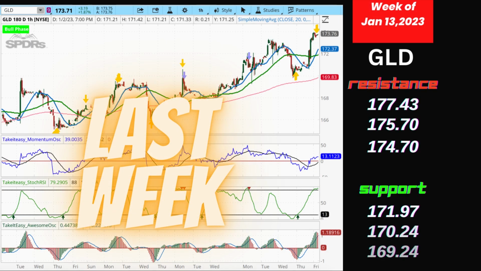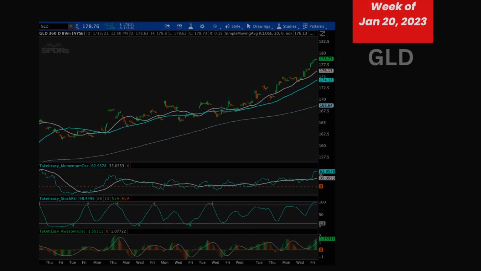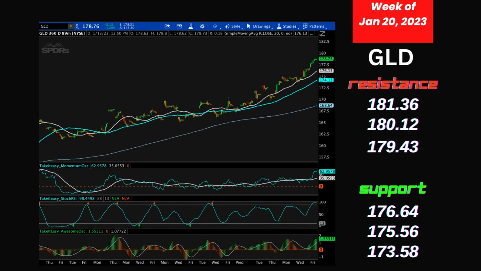This is GLD's chart and levels from the last week. GLD is Gold ETF. Gold ETF is currently trading around $178. For the coming week, the first resistance is at $179.43, second resistance is at $180.